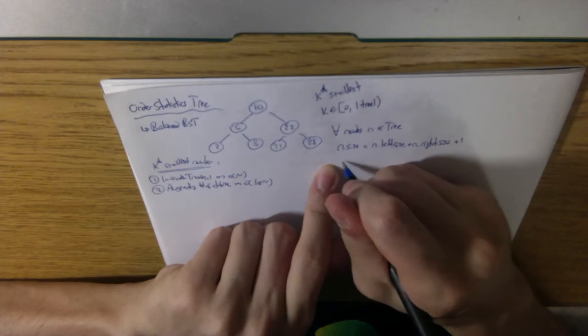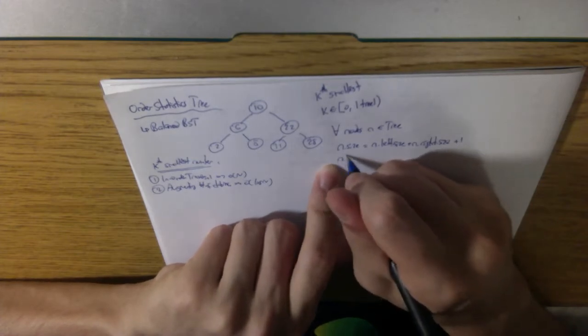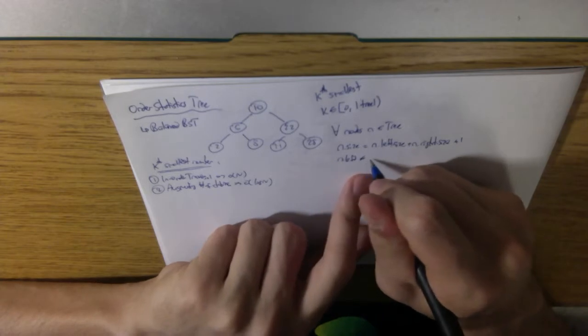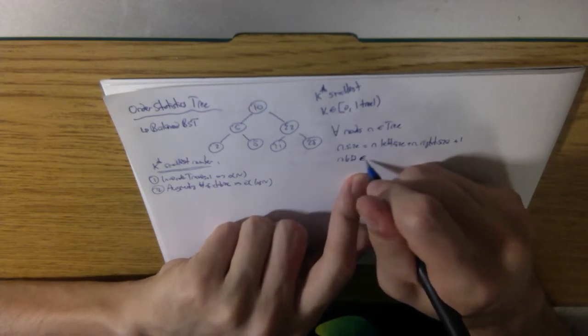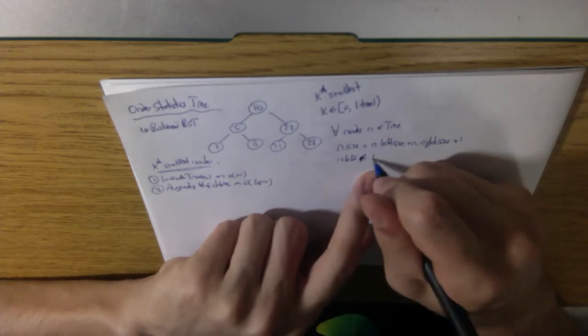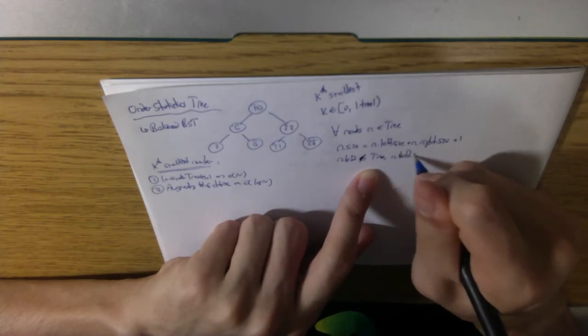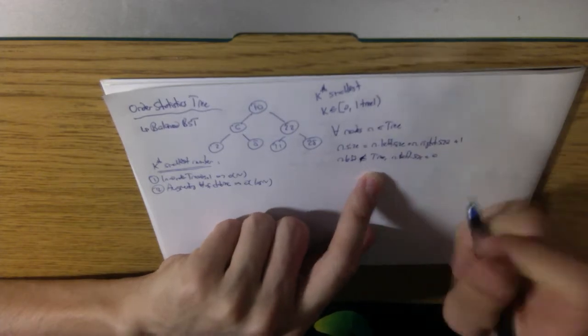And if n dot left does not exist in the tree, n dot left dot size equals 0.